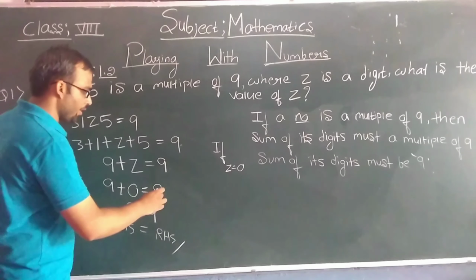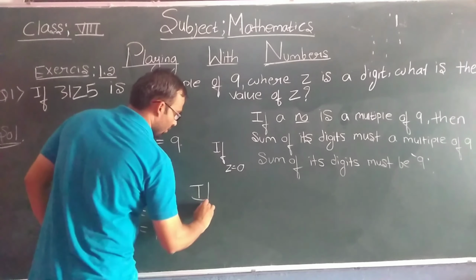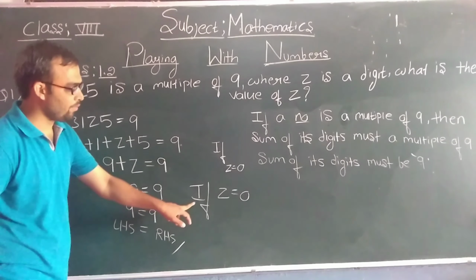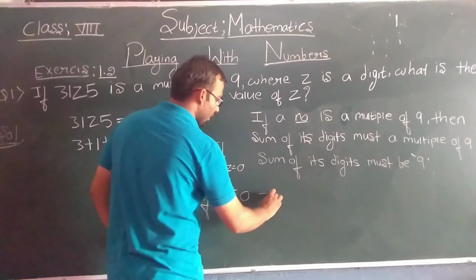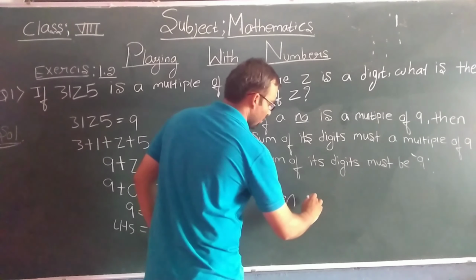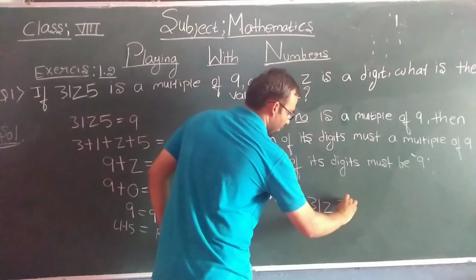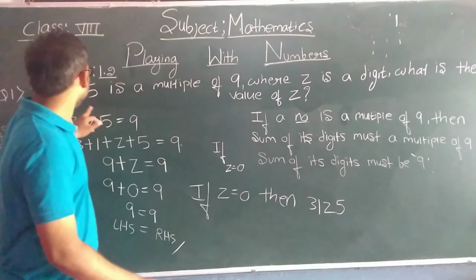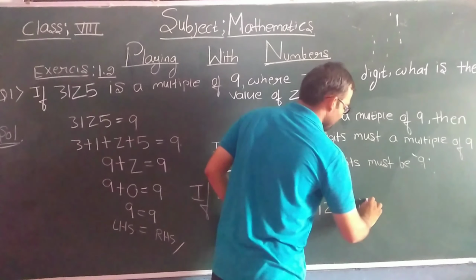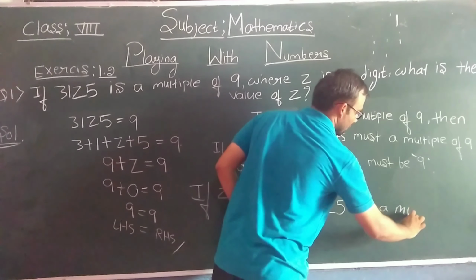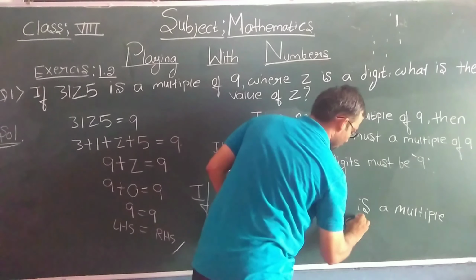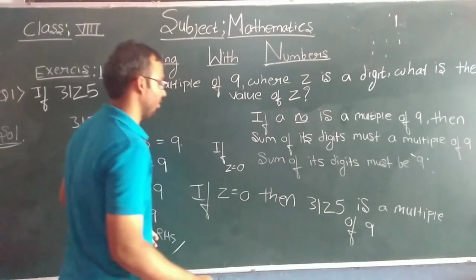If z is 0, then 31z5 is a multiple of 9.